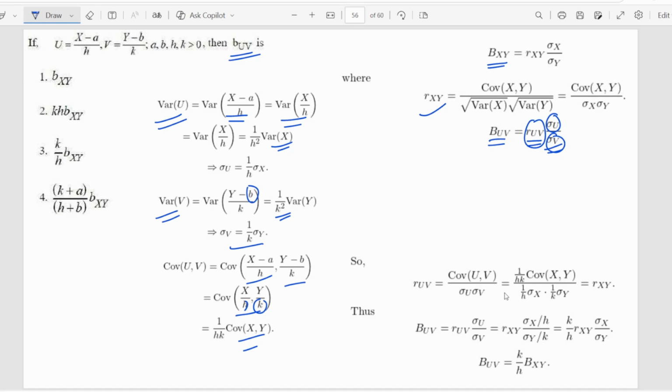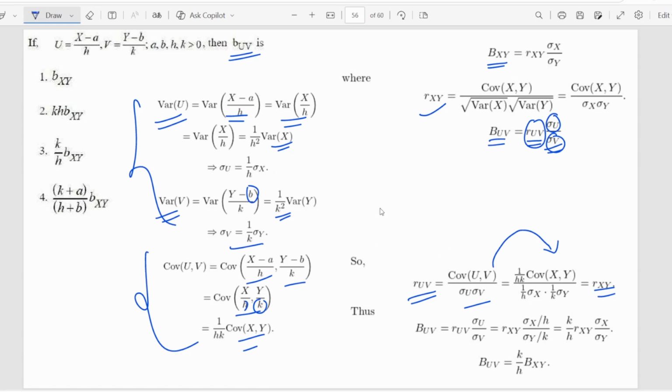So we have the correlation coefficient of u and v expressed like this, and when we break it down in terms of the original variables, we get this as per our computation over here and here. So the correlation coefficient is the same as the correlation coefficient of the original variables.